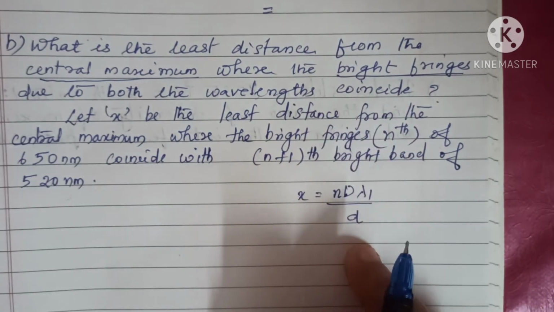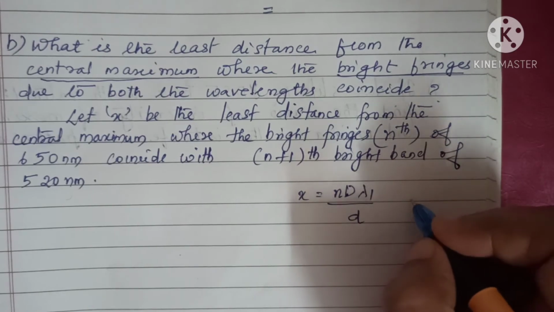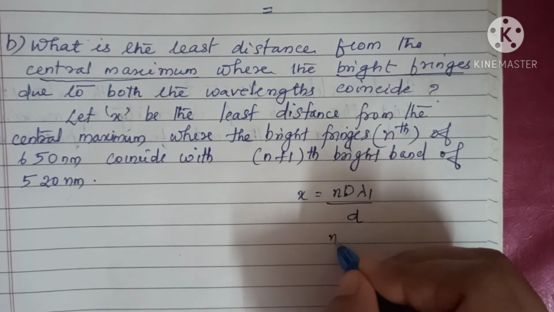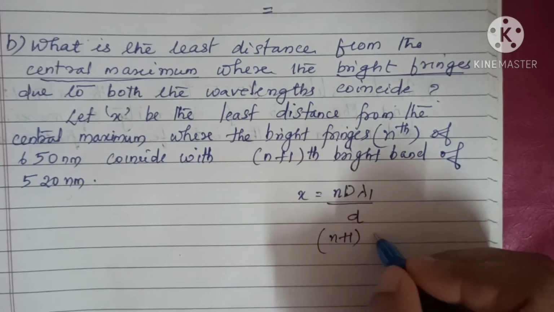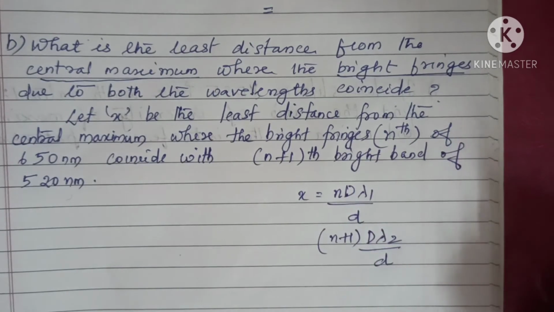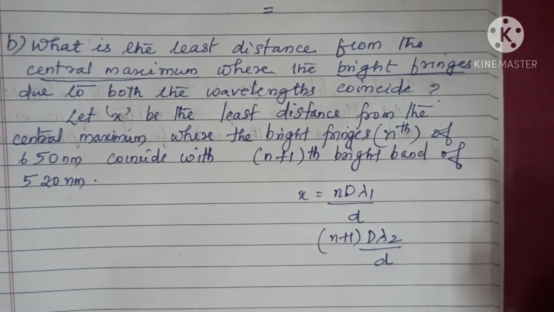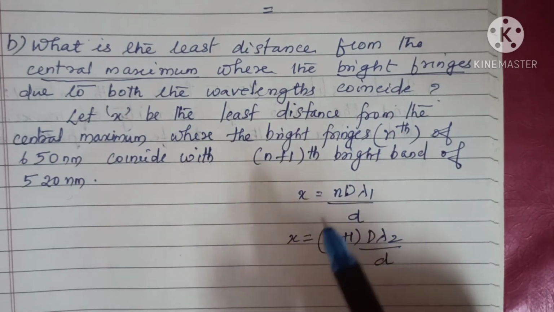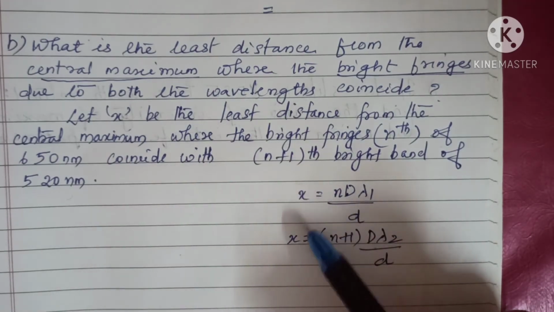That is the first one. Now the second one is n plus 1 into D lambda 2 by d. This is also equal to x, that is the value that we have to find, the least distance.